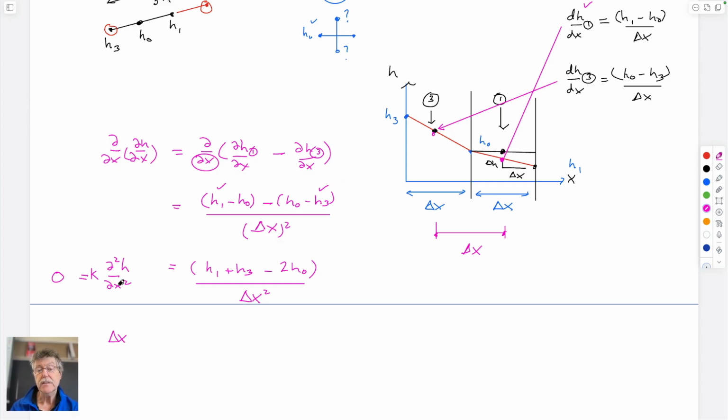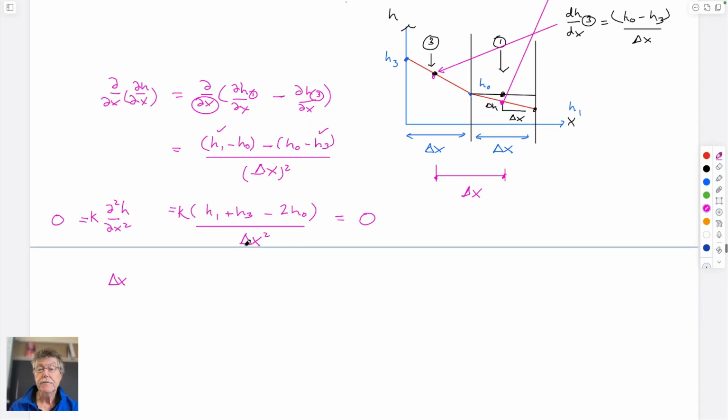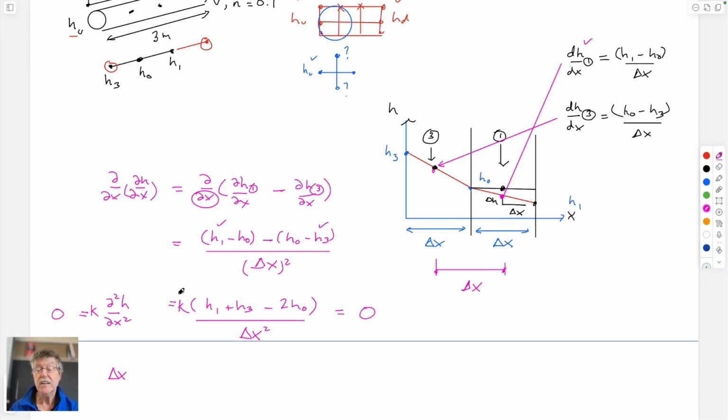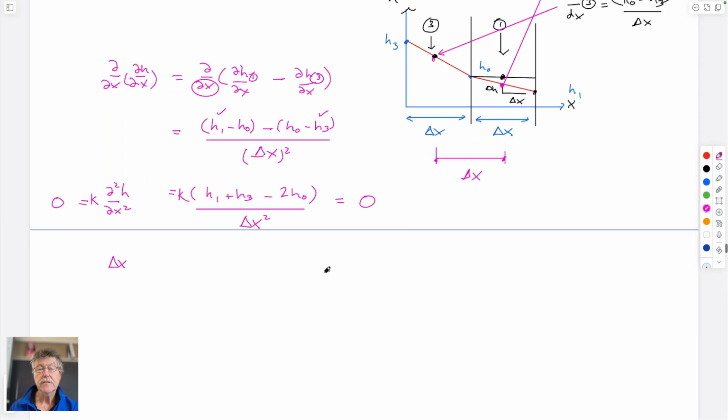It just matters what this term is. We could ignore permeability. So if delta x is always constant, every spacing along here is the same, then this drops out. If the hydraulic conductivity along the length is just the same as well, then we're just left with 3 terms.